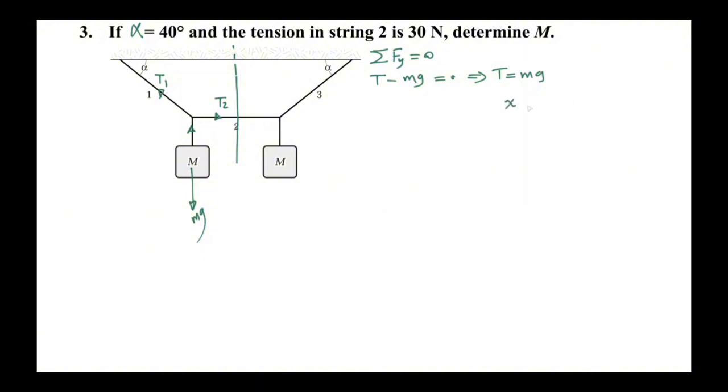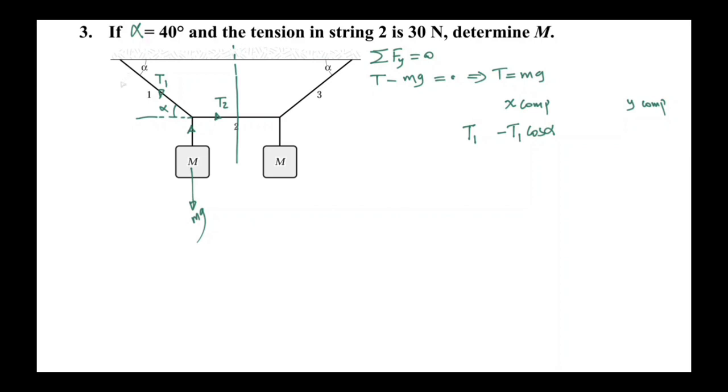In this case, let's find the x components and the y components. Again, this is the easiest way to simplify the vectors, by analyzing them into their original components. For T1, the x component is minus T1 cosine alpha. If this is alpha, remember we analyze the vector with its tail, not with its head, so this will be alpha here.